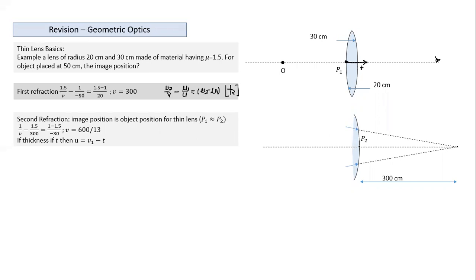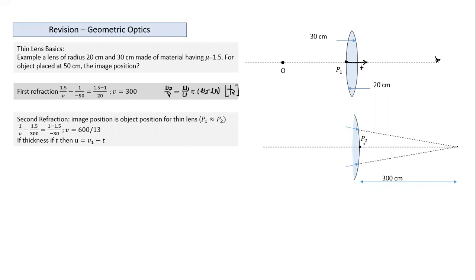For the second refraction, this surface is the pole here. So in a way, there's a slight shift in origin. But in case of thin lens, we assume the distance between P1 and P2 is so small that we can assume both are at the same point. So whatever value of image distance we had, 300 centimeter, we can take the object distance also as 300 centimeter, the object position being the same as the image position.